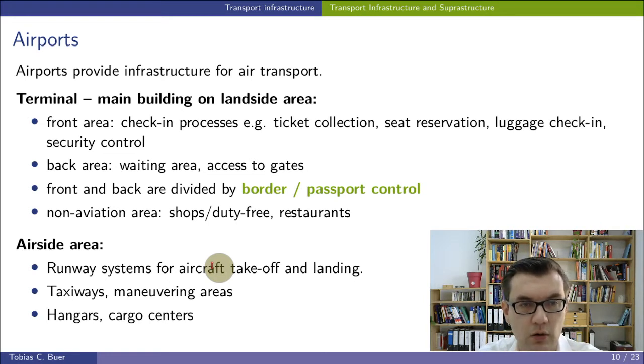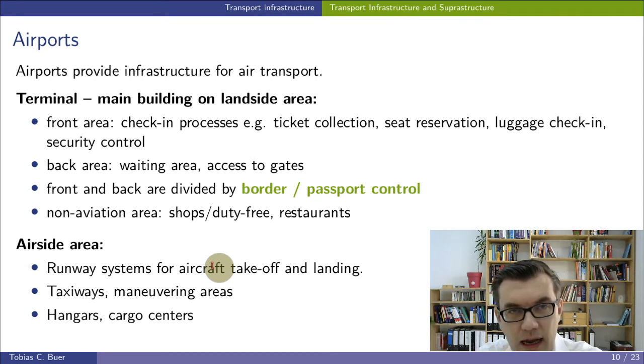Of course, there's also a lot of waiting going on. The front area and the back area are divided by the passport control or border control, so that access to the back area is restricted to those passengers who have a valid passport, who are allowed to travel, and who have a valid ticket.